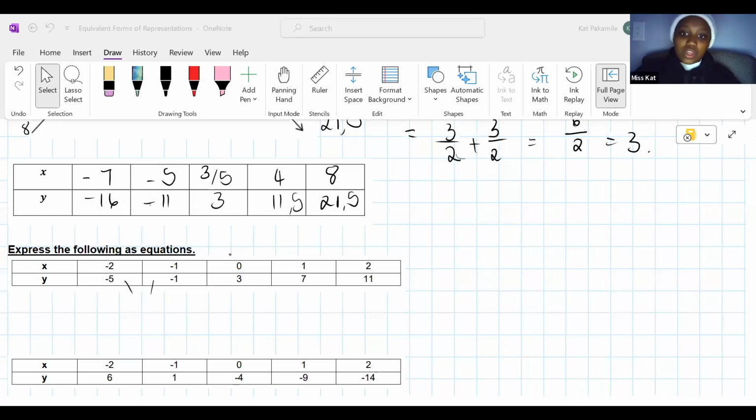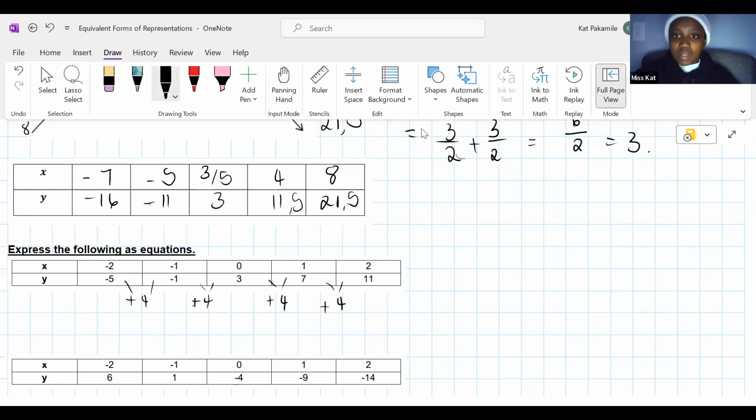Thank you, Paul. We are adding 4. Do you see that we keep adding 4? What did we do with that 4? Now that we've established that we keep adding 4, we have to use this 4 to do something. Yes, Amahle, that's our constant difference.